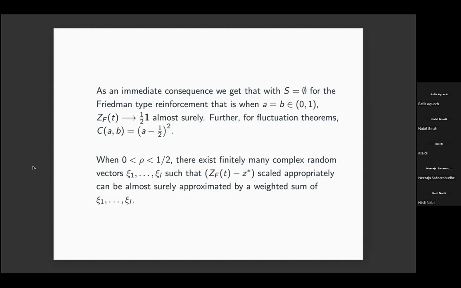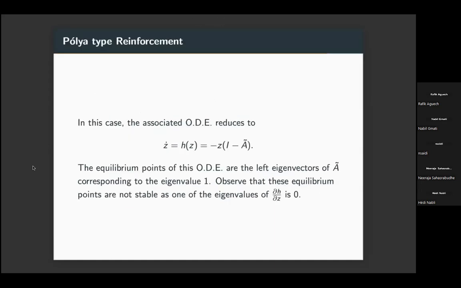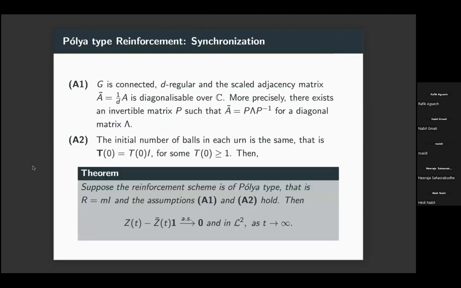Okay, so let me very quickly tell you what happens in the Polya case. So in the Polya case, what we are going to assume is the following, because we couldn't prove everything for the general case that we started with. So we are going to assume that the underlying graph is connected and it is d-regular, which means that every vertex has the same degree. Okay.